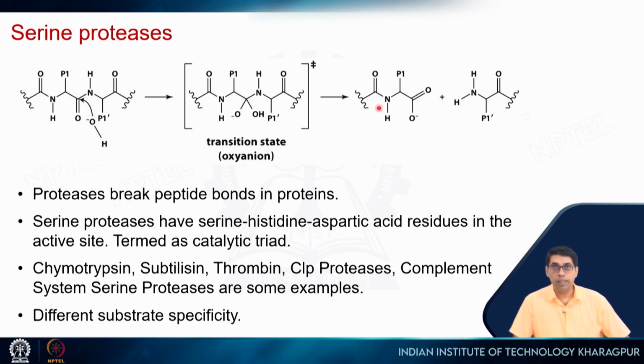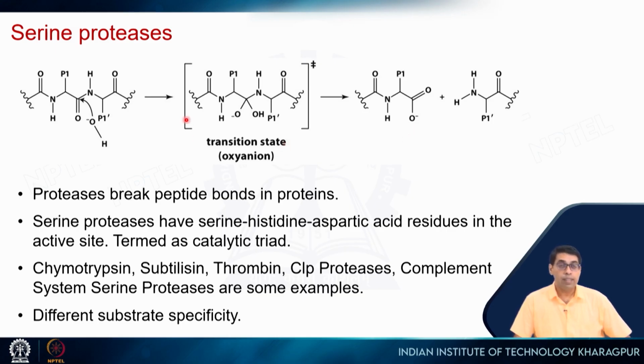But if it goes in this direction, then you will get the two products, right? This is the uncatalyzed reaction, and it is very slow, and the half-life of this is almost 400 years, right? So to get 99% product formation, you have to wait for 5 half-lives, so almost 2000 years, right?